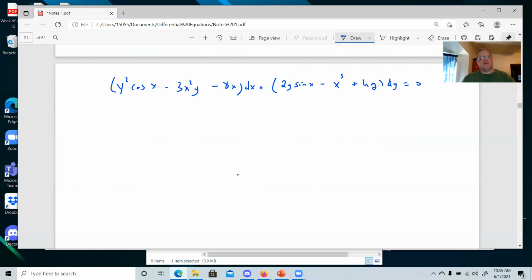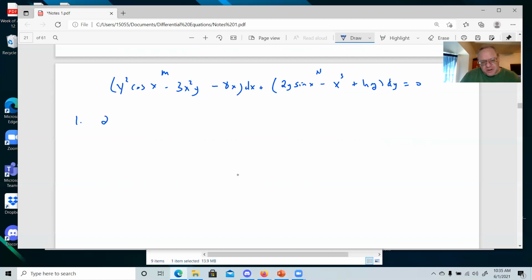It's a delightful looking problem, isn't it? All right, so we're going to check. The instructions will say check to see if it's exact. If it is, solve the differential equation. So the first thing we're going to do is identify that as an M, that is an N.